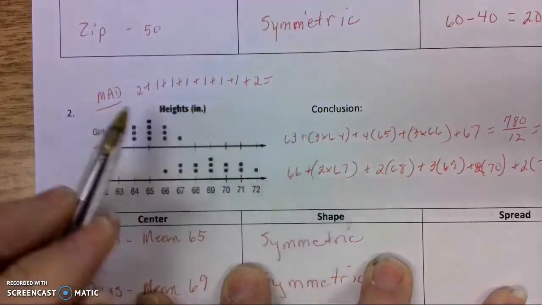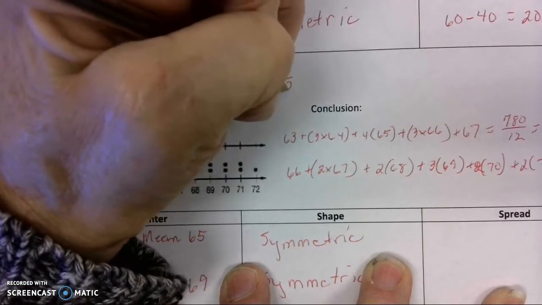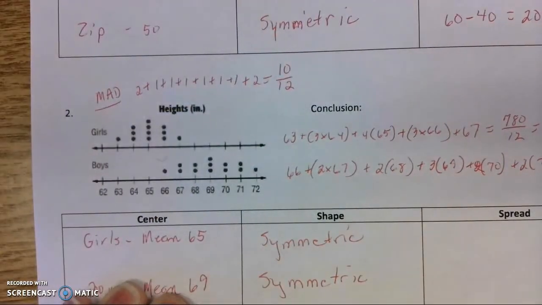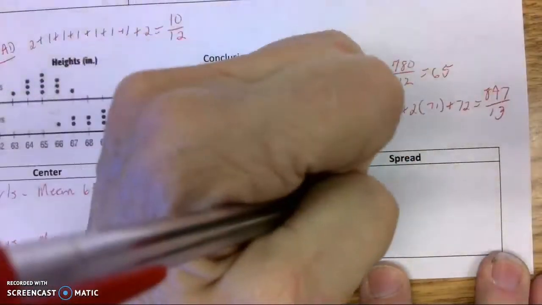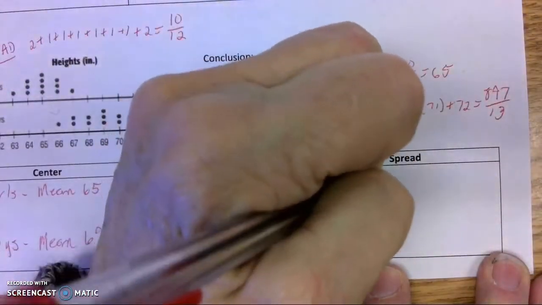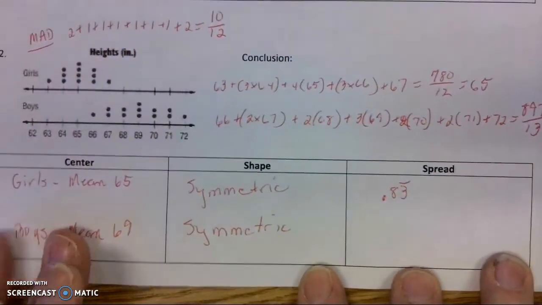When I total this up, my MAD total is 10, and then I divide that by 12. When I divide 10 by 12, my spread is 0.83 with the repeating bar over the 8.3.